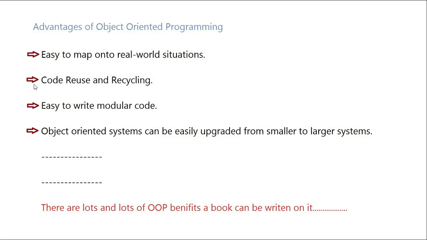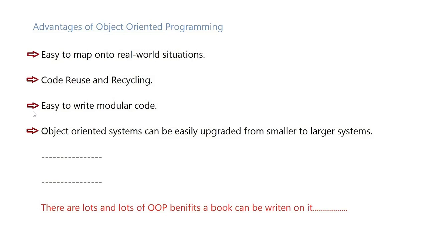Code reuse and recycling. A second benefit of OOP is code reuse. Objects created for one object-oriented application can easily be reused in other applications. Easy to write modular code. In object-oriented programming, we write code in self-contained modules. You can partition the work in different objects in a project.